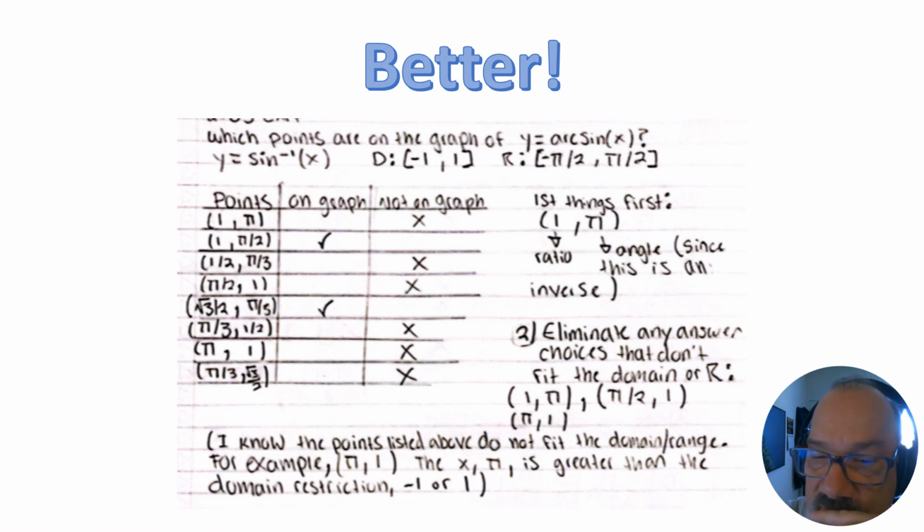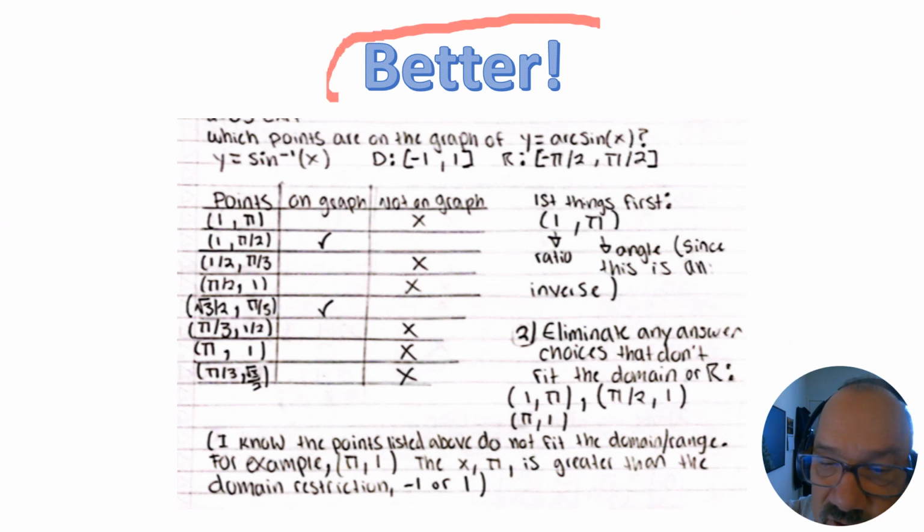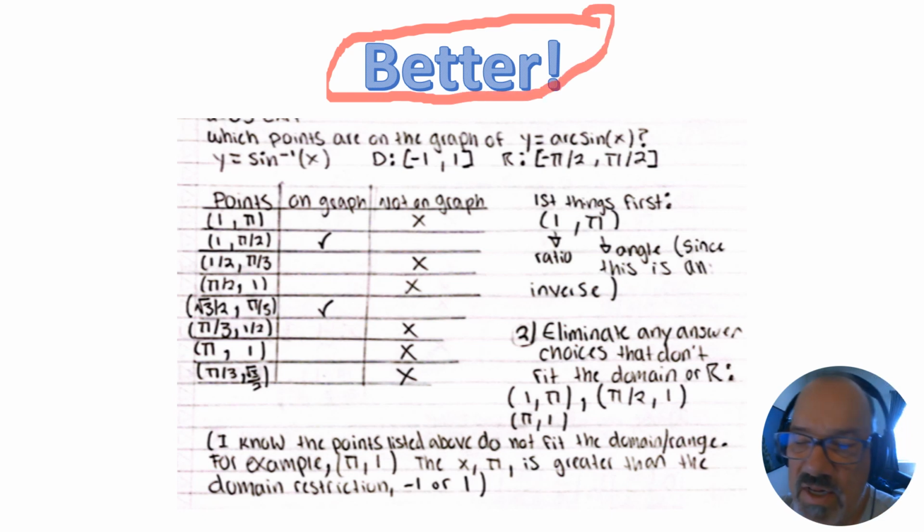Now, this assignment by a student, I only had a couple of students who had done this assignment. So this student did a little better. First things first, they said the first number has to be a ratio, and the second number has to be an angle.